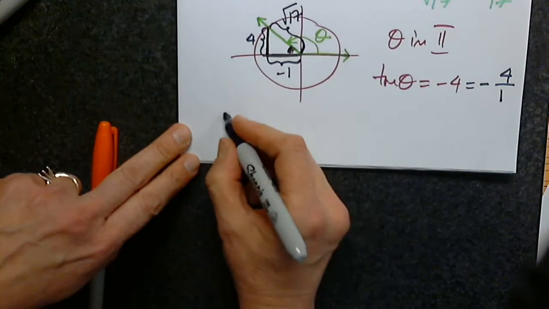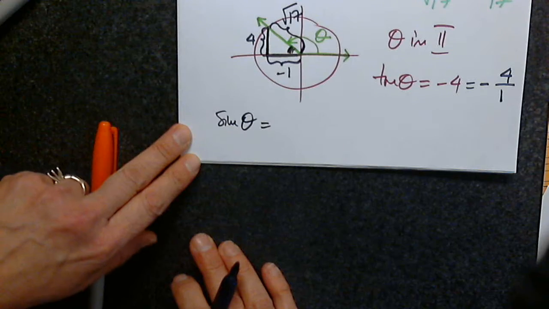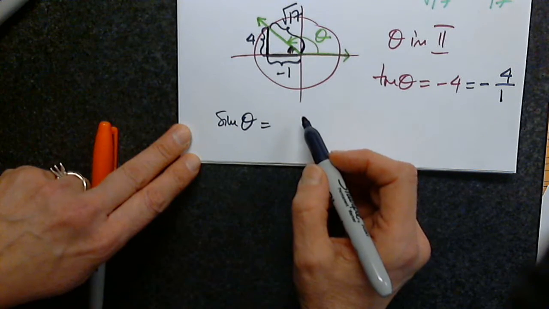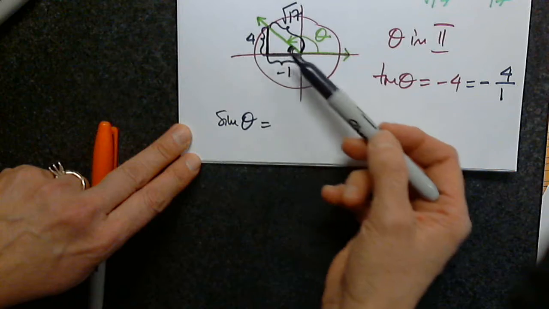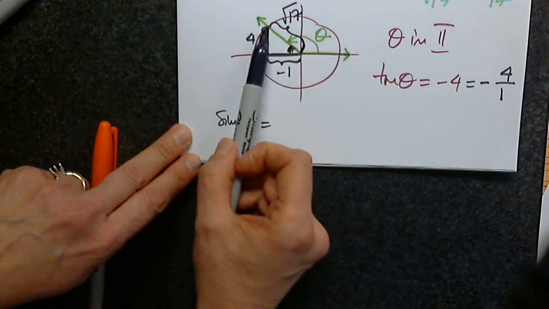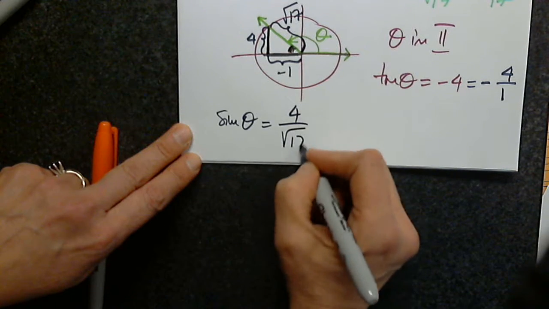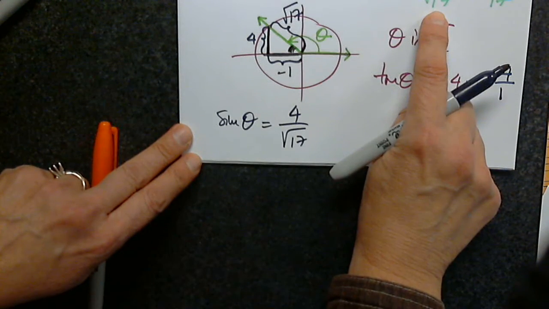And now I'm going to ask you to give me sine of theta. Opposite over hypotenuse. Oh, that's right. You're using the reference angle.